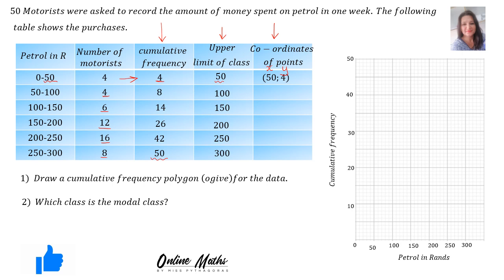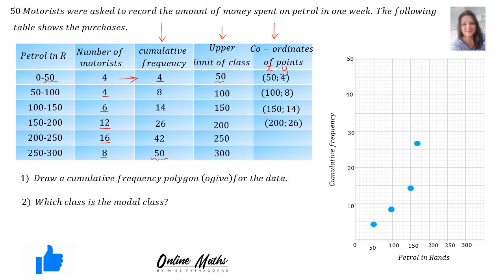So our first point for the ogive is the point 50 and 4, which is there. The next point will be the point 100 and 8, and you find that one round about there. Then 150 and 14. So it's the upper limit of the class and the cumulative frequency.